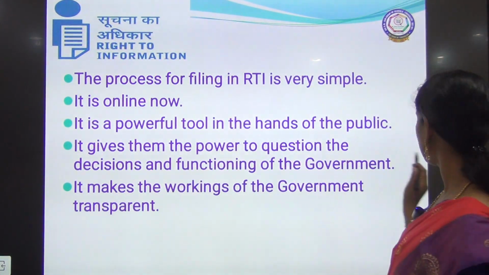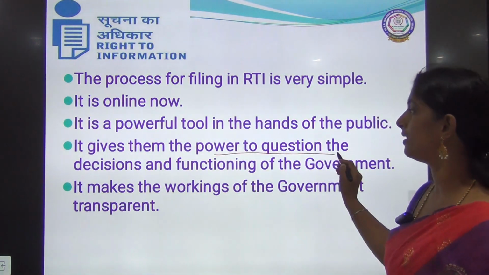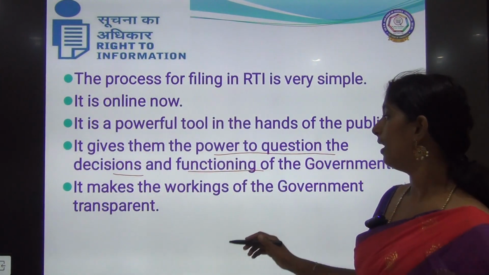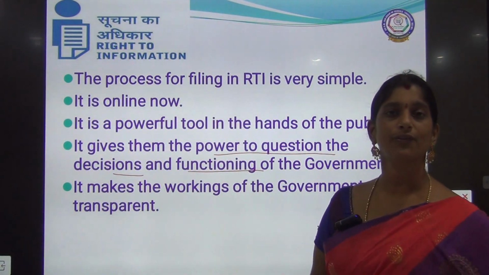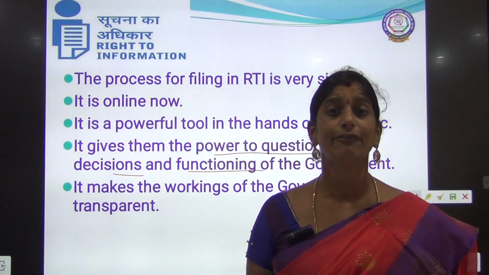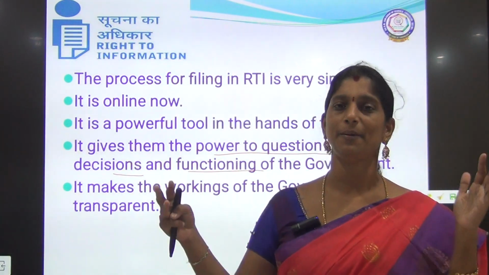It gives the public the power to question the decisions and functioning of the government. It makes the workings of the government transparent. By asking questions, we get clarified about what is happening, and so the workings of the government become transparent.